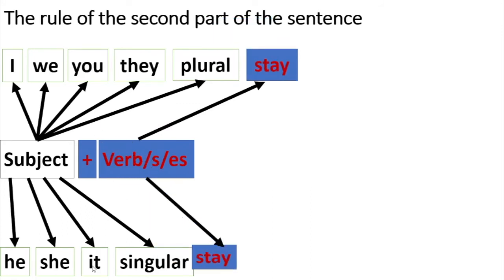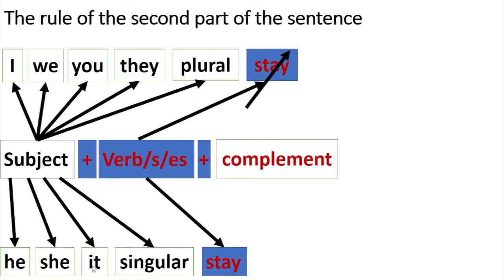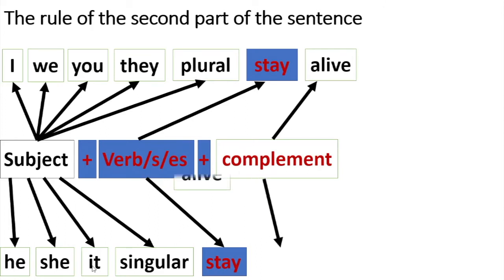Now, the example is that we stay alive. If we breathe oxygen, we stay alive. If he breathes oxygen, not he stay. He stays. There's an s here. There's a mistake in the second part of the sentence. We can add s to the second part.